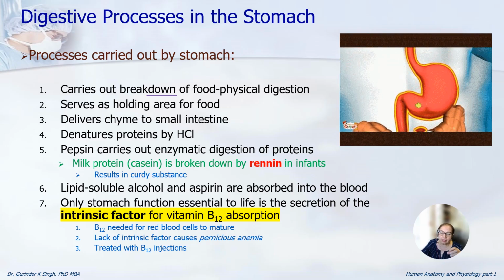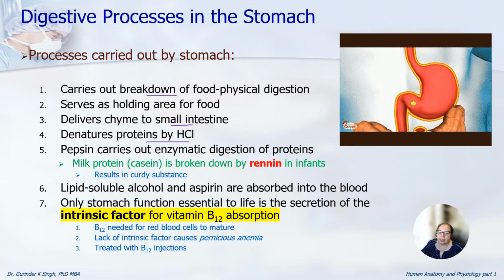The stomach keeps the food for some time too, so it is a holding bag, and it also passes this chyme into the small intestine. The only thing which starts digesting in the stomach is the proteins, and proteins are broken down by HCl, the hydrochloric acid produced inside the stomach.